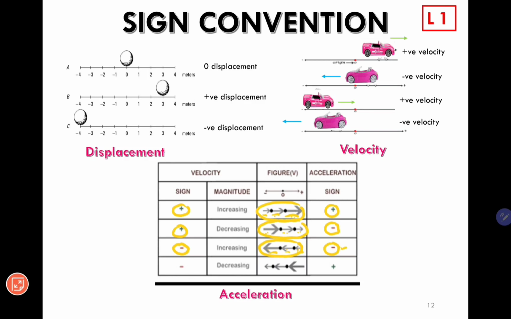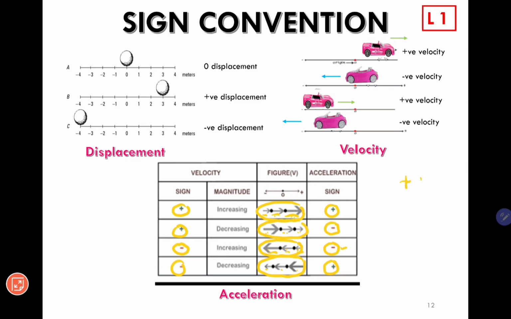And lastly, the velocity is directed to the left, still negative, but the magnitude decreases, isn't it? Decrease means that the object decelerates, but remember, it decelerates while moving to the left, so the acceleration must be positive. So don't be confused.